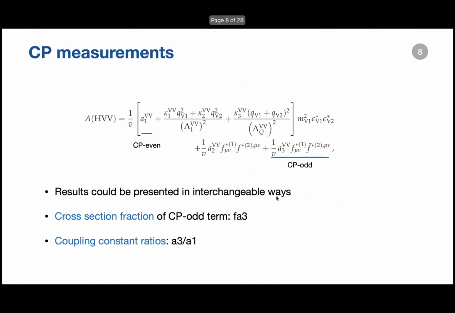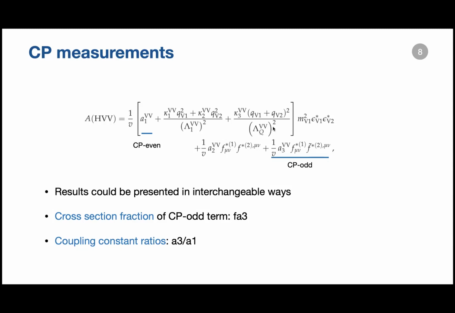And if you write down the scattering amplitude of the Higgs boson couples to two vector bosons under spin 0 hypothesis, then you do not have a lot of possibilities. You have three kinds of terms. The first term is a Standard Model-like spin 0 scalar term. The other is the CP odd term.